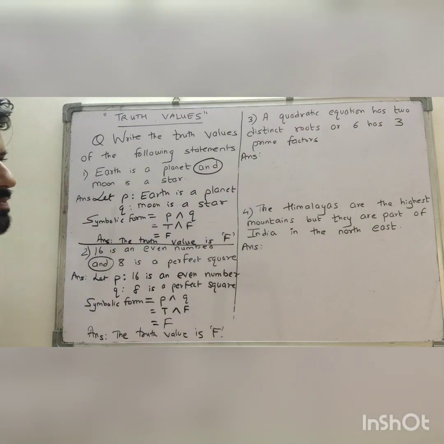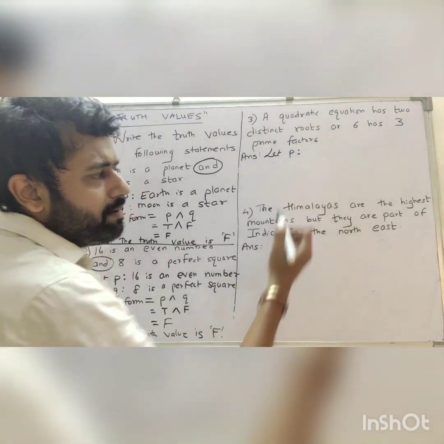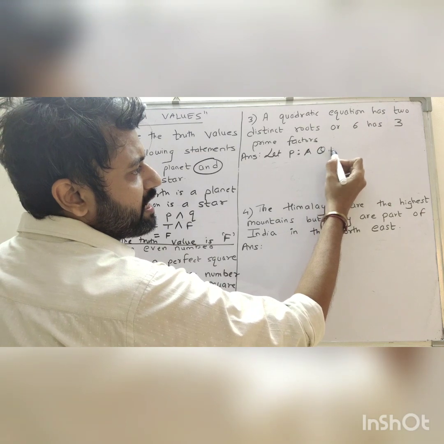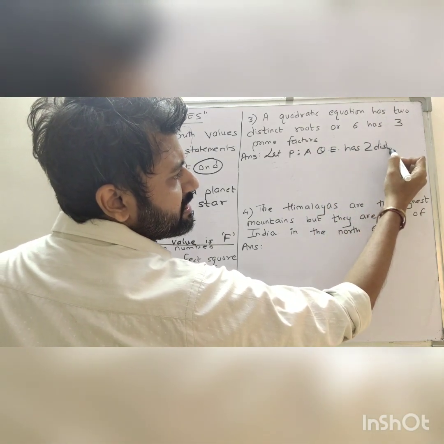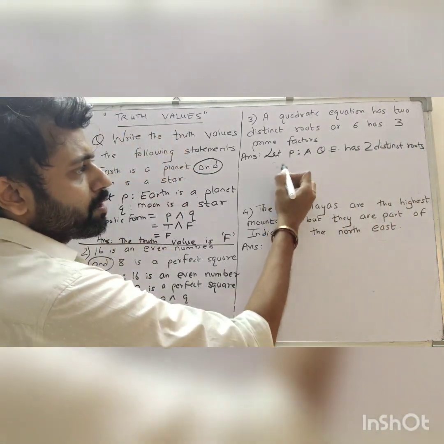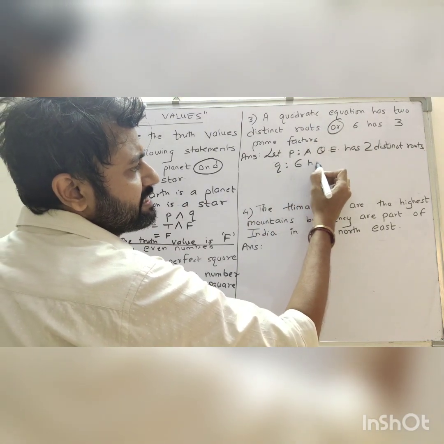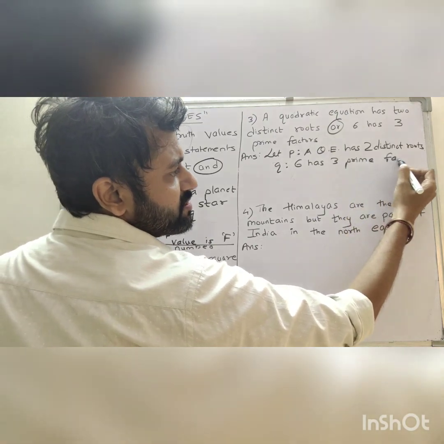Let's check this. Let P be a quadratic equation has 2 distinct roots. Q be the statement that 6 has 3 prime factors.